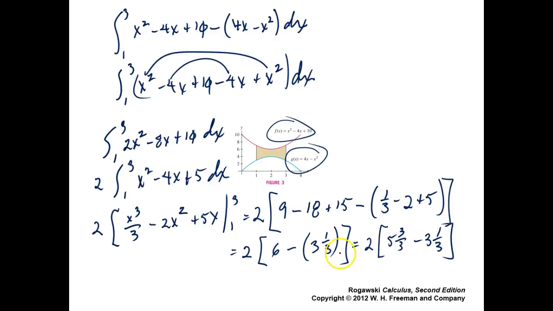And that would be what? 2 2/3. So you've got 2 times 2 2/3. Okay. Now you can either do that in your head or change that 2 2/3 to an improper fraction. And that would be 2 times, that's probably the easiest way. Wouldn't that be 8/3?